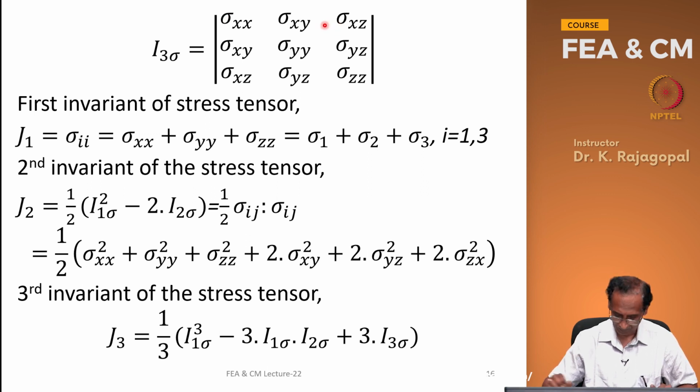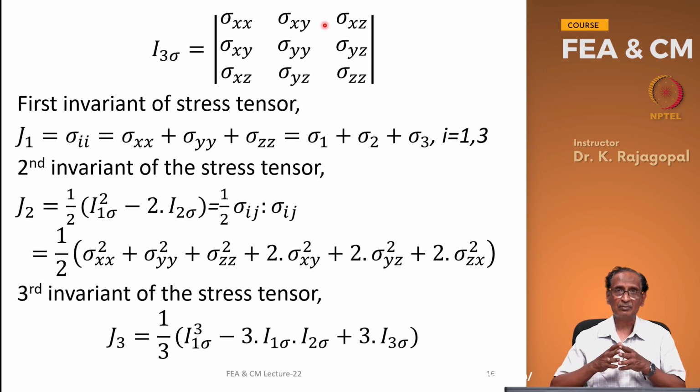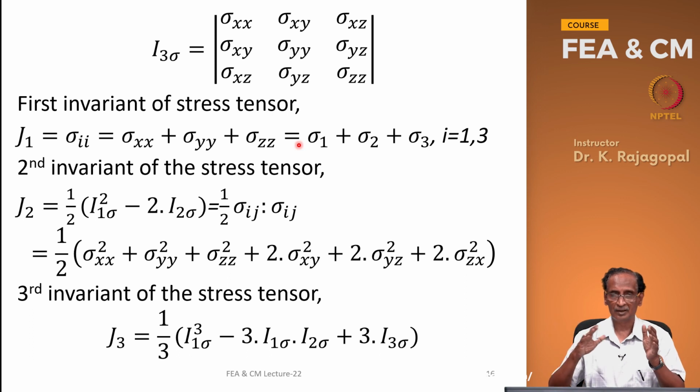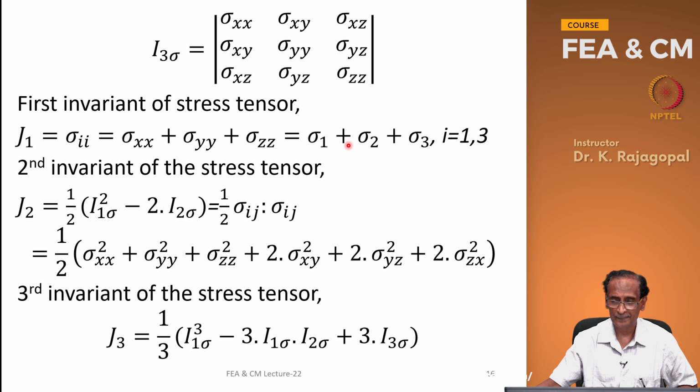If we get these 3 quantities I1 sigma, I2 sigma and I3 sigma, we can now write the invariants of the stress tensor. J1 is sigma ii, that is sigma xx plus sigma yy plus sigma zz, and that is also equal to the sum total of the three principal stresses, sigma 1 plus sigma 2 plus sigma 3.